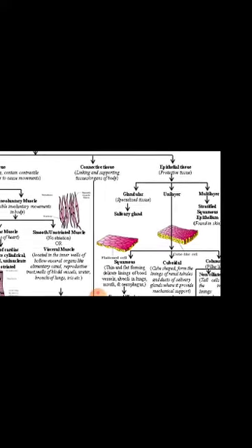Epithelial tissues are protective tissues and they are again classified into glandular tissues, unilayer tissues and multilayer tissues, but we will not go into detail, that you will learn in your higher classes. We'll just look into this sub classification, that is the squamous epithelial tissues, the cuboidal epithelial tissues and the columnar epithelial tissues.